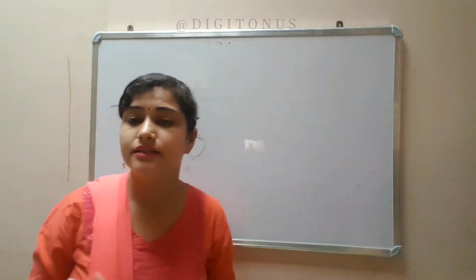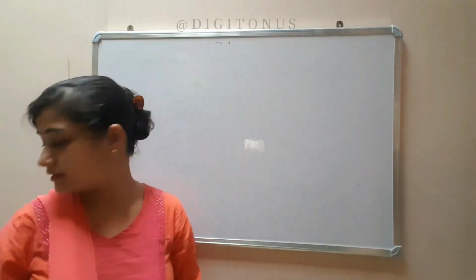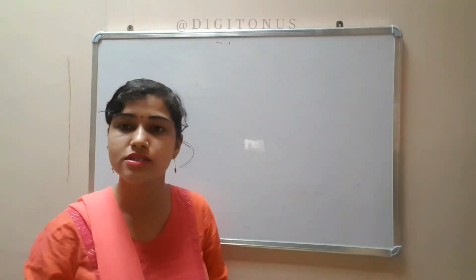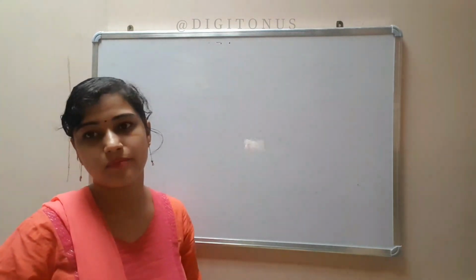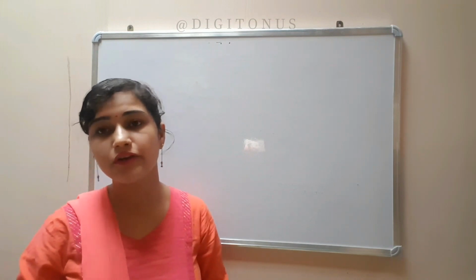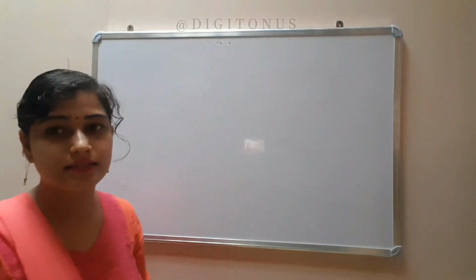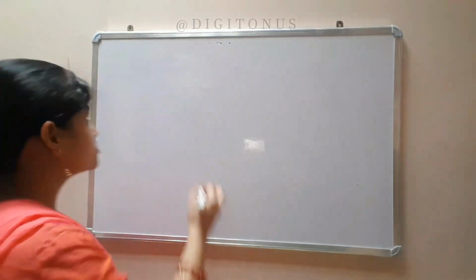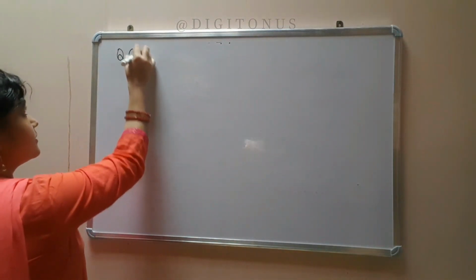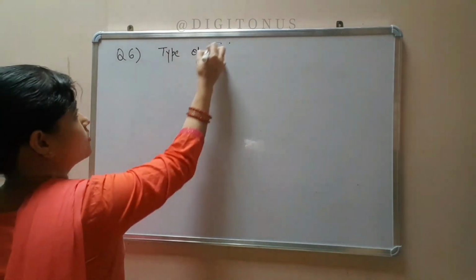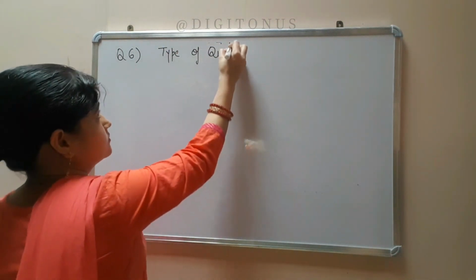Now students, the further questions, second, third, fourth and fifth, are just based on the simple direct distance formula. Even all are based on the distance formula, but now we will do the sixth question. In this they are asking the type of quadrilateral. So question number 6, they are asking to find the type of quadrilateral.